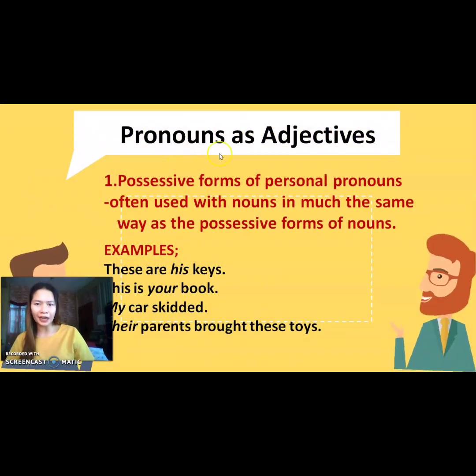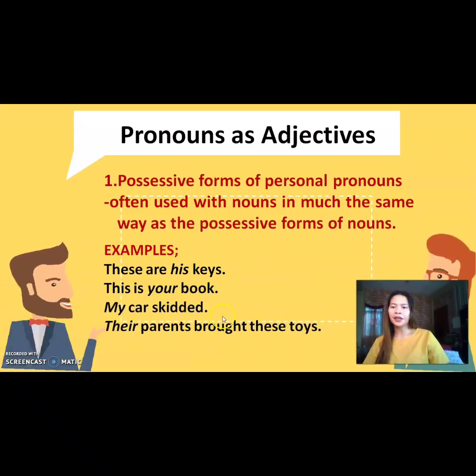We have here pronouns as adjectives. Possessive forms of personal pronouns are often used with nouns in much the same way as the possessive form of nouns. So we have here examples. These are his keys. So his here is your adjective.